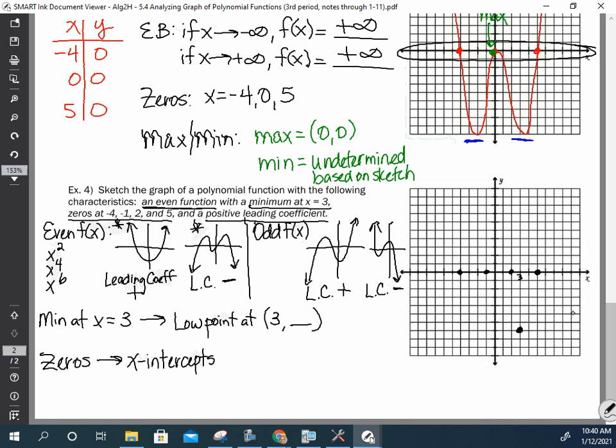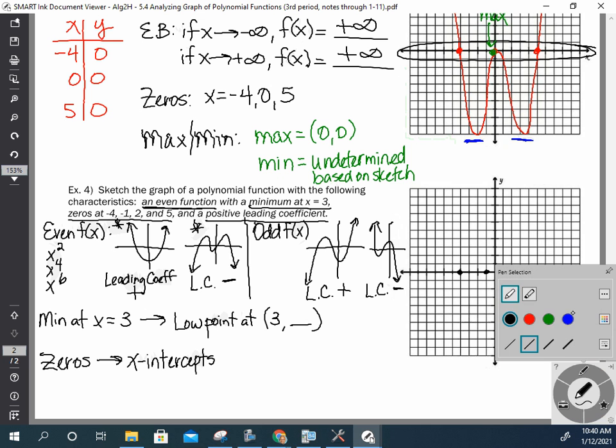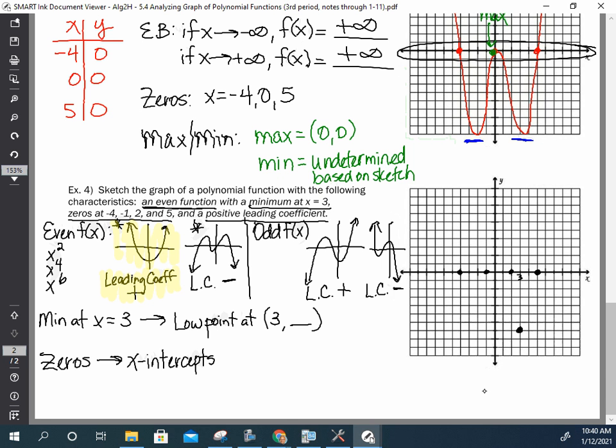And a positive leading coefficient is going to tell me what direction my arrows should be pointing. The positive leading coefficient means I now know that this is the shape my graph should be taking. So when I draw my graph, there's my sketch.